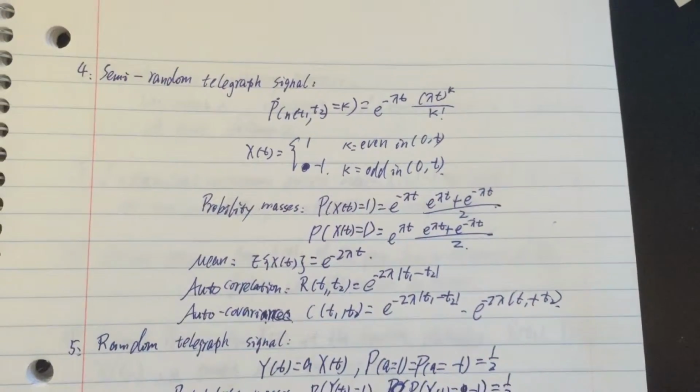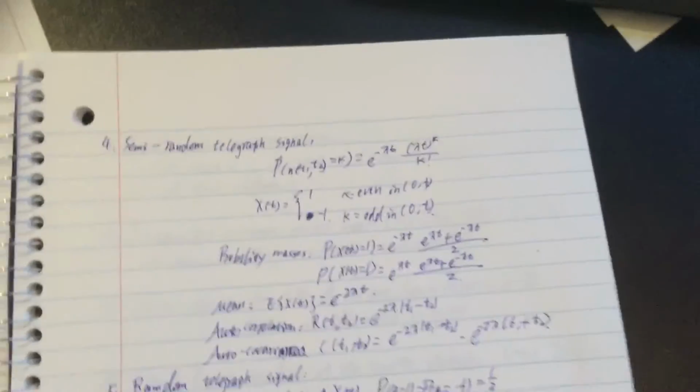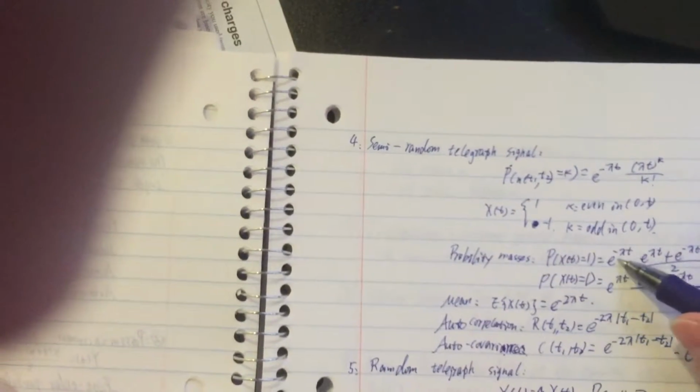And the probability mass is the inverse of the other one, the only difference is here, e to the negative lambda t.